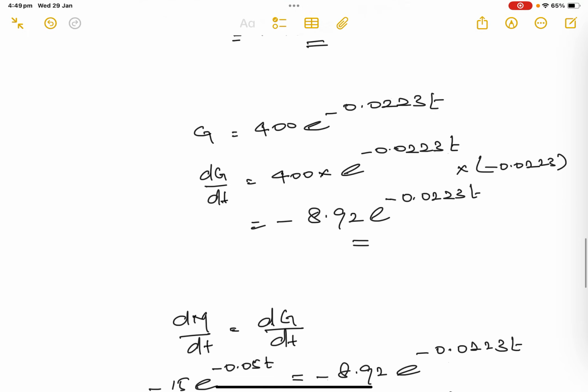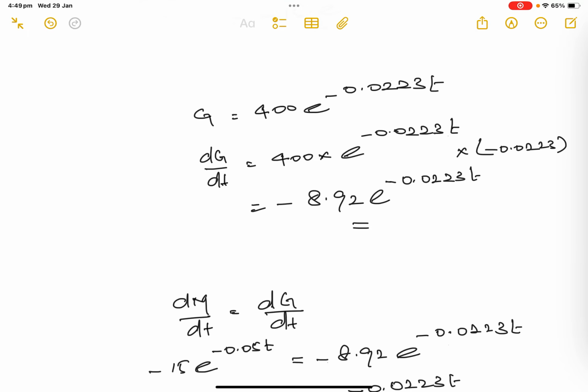Right, then we have the G equation, the modeling equation. G equals 400 e to the power of minus 0.0223t. Then differentiate with respect to t. So dG over dt equals 400 e to the power of minus 0.0223t, and the differentiation of minus 0.0223t becomes minus 0.0223.